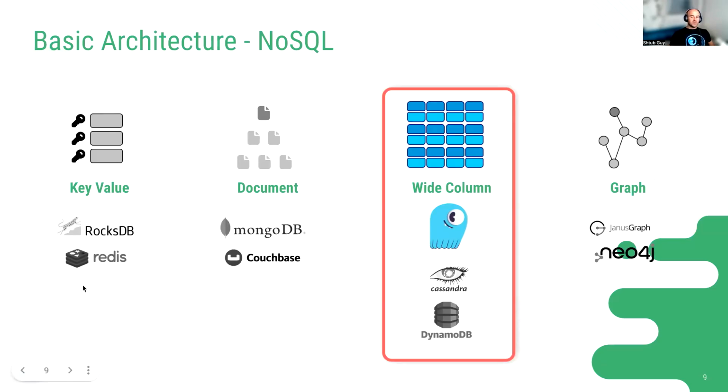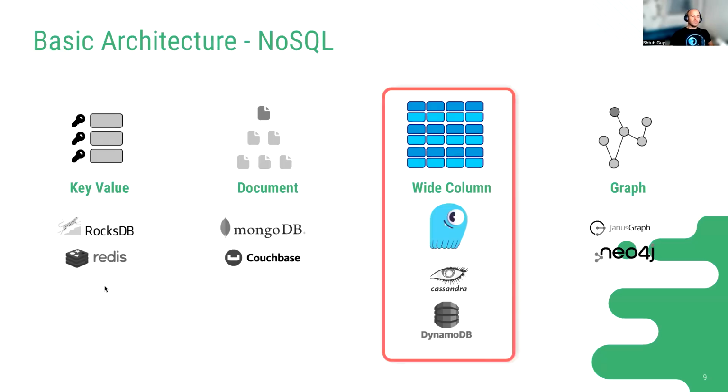And again, I wrote a few examples of each type of data model. So I'll start with a key value data model. Just as simple as it sounds, we have a key and the value, nothing complex in terms of tables or schemas. Examples of these databases, RocksDB and Redis.